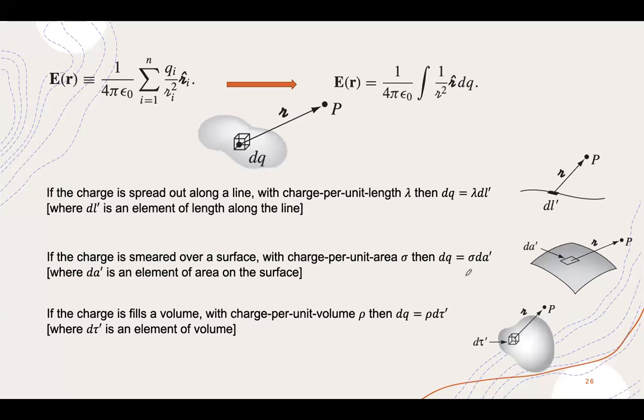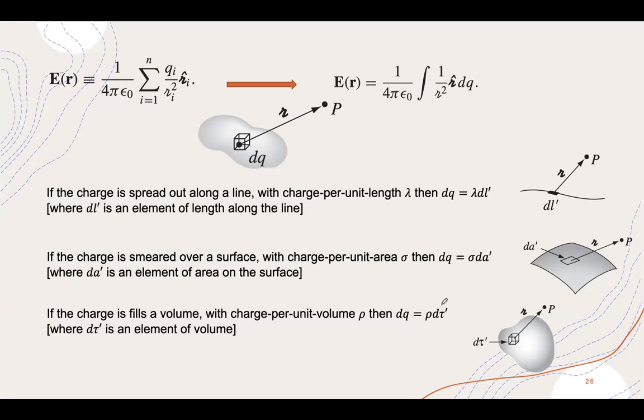But if you have a two-dimensional surface, then you need to find what dA means. Suppose you have a square board, then obviously this dA prime is given as the length times the breadth, or the width, whatever you want to call it.